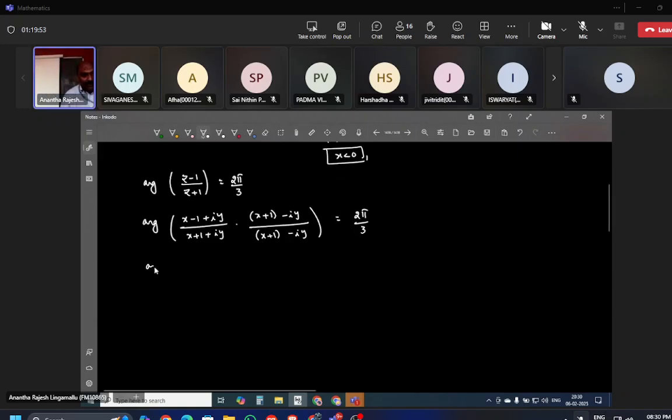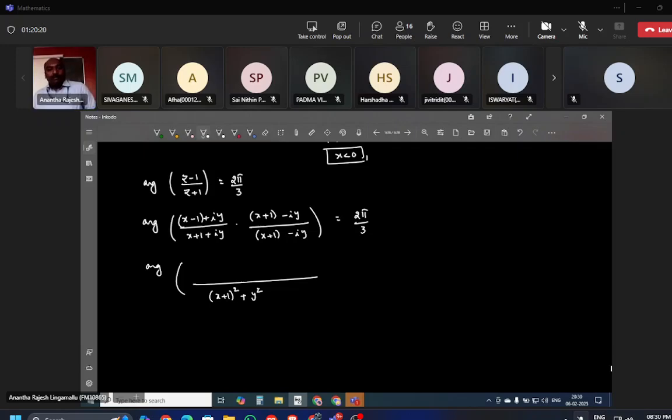Now argument of what is the denominator first? x plus 1 whole square plus y square, that means it is a pure real number only, no? Okay, no trouble. Now multiply these two. How are these two looking? Z and this one is Z bar, that means mod Z square. Here I did some mistake.